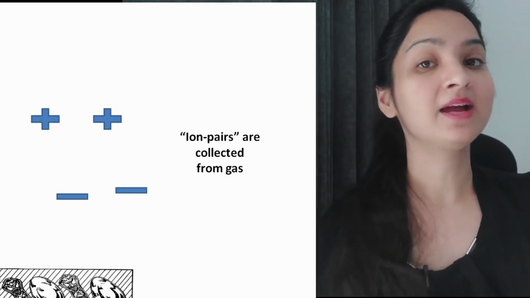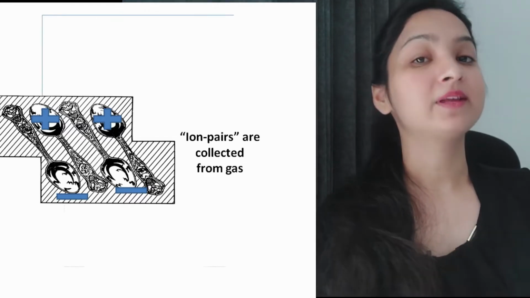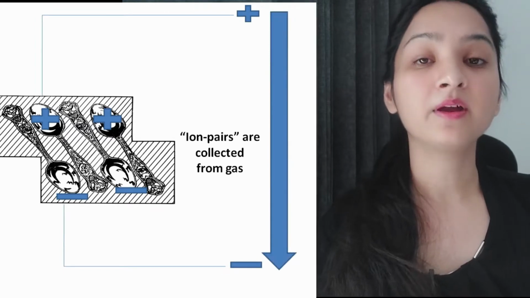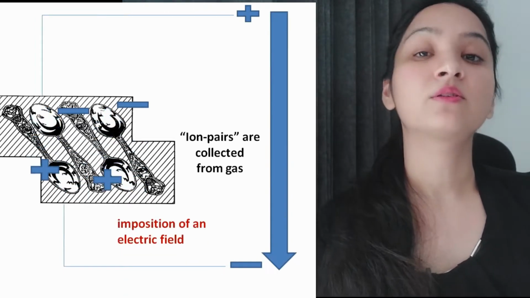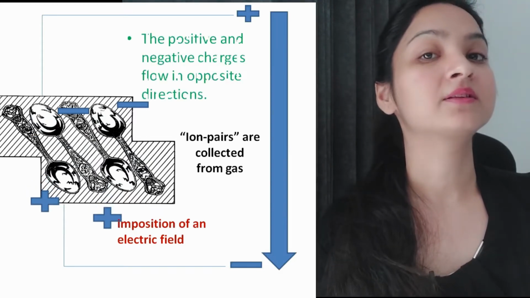You will apply a sufficient amount of electric field, and this imposition of electric field will enable these ion pairs to move towards their respective electrodes. This constitutes a current. The movement of charges constitutes current.